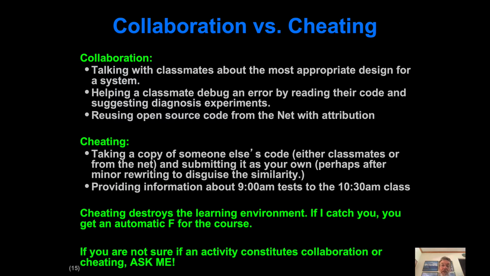I want to say a little bit about collaboration versus cheating. The bright line for cheating is when you submit somebody else's work as your own. Okay, that's cheating. You can submit somebody else's work as part of your own work, but you have to attribute it. You have to say, okay, this function or this file or whatever was written by this other person.